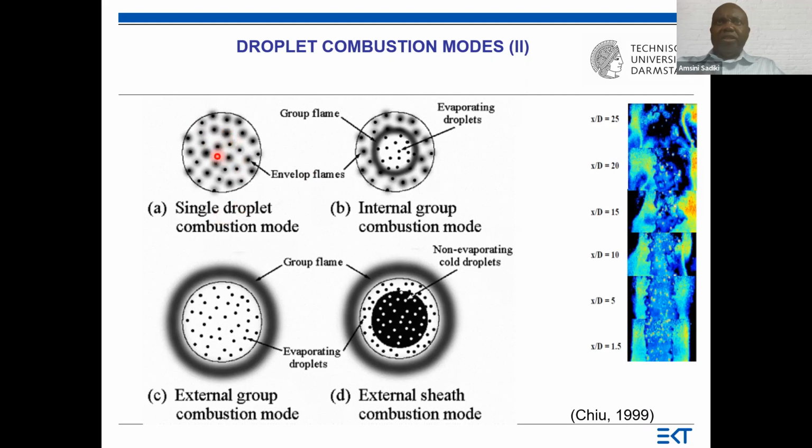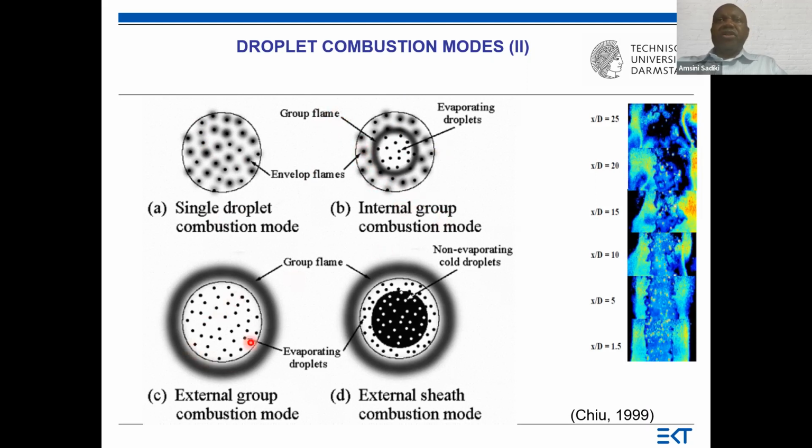So we have a single droplet. We see these droplets surrounded by the flame. We have internal group combustion, so we have evaporating droplets enveloped by flame, and we have also some single droplet combustion.